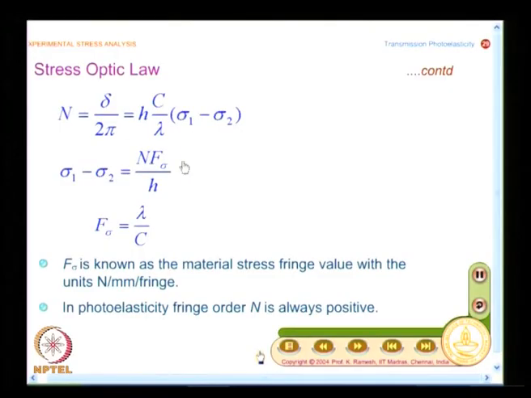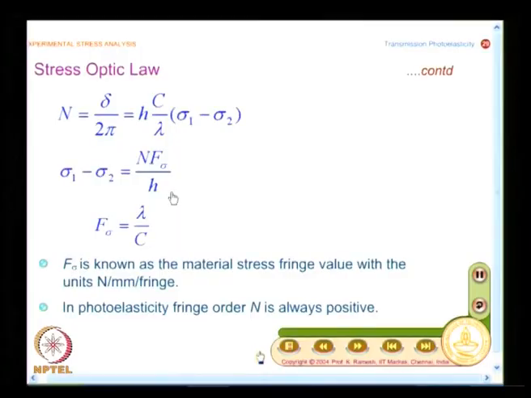So, the essence here is there will be chances for you to use models of different materials. So, for each of these materials I need to find out the material stress fringe value. Now, the question is, by looking at this expression, for a given problem if I change the material, what would happen to the fringes?